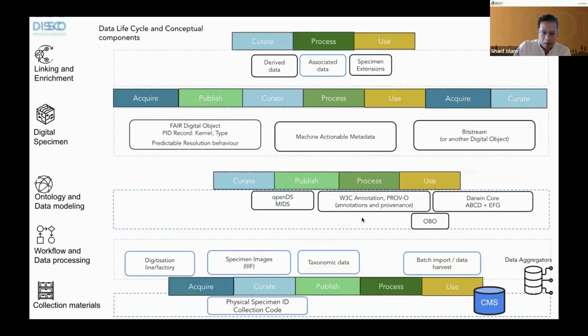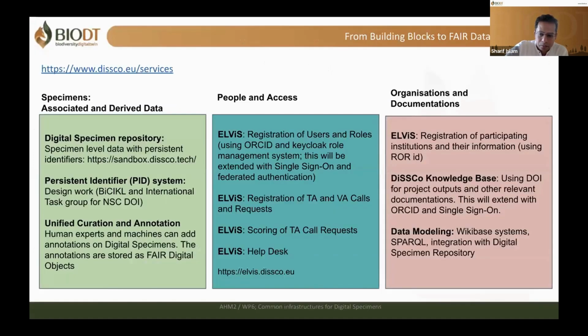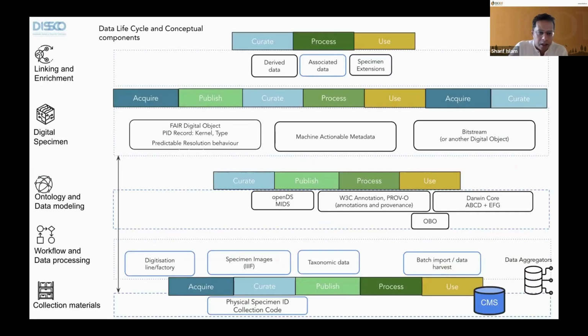And to look at a little bit of the conceptual elements behind this, one way to think about it: all these colored boxes are coming from our data lifecycle and data management plan. Even though here you see it in a more layered fashion, you can think of it as a sort of circular thing. And again, the key is on the bottom, we have the physical realm, and then the digital, connected through a variety of different workflows and data processing ontology.